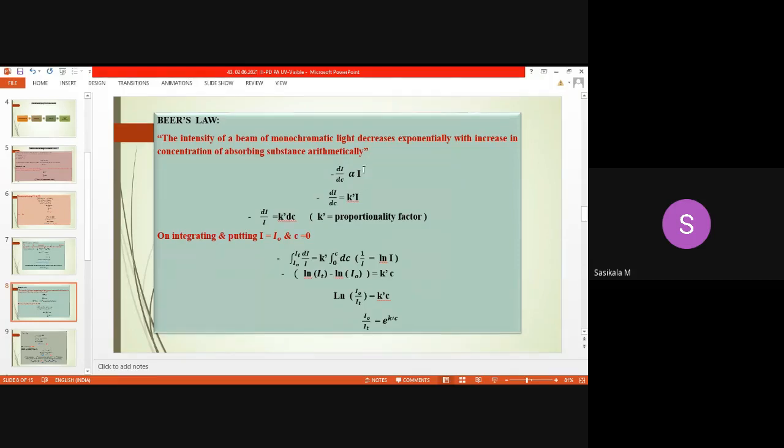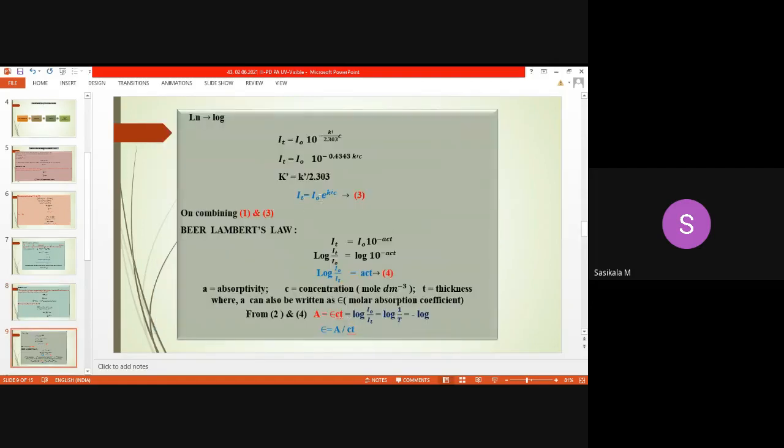Capital I here represents I0, the intensity of monochromatic light, dI represents the intensity of absorbed light, and dC represents concentration of absorbing species. The negative symbol represents a decrease in intensity of incident light, and K is the proportionality constant. So taking these parameters, you will get IT equal to I0 exponential of minus K'C. K' represents another proportionality constant for Beer's law, and C represents concentration.